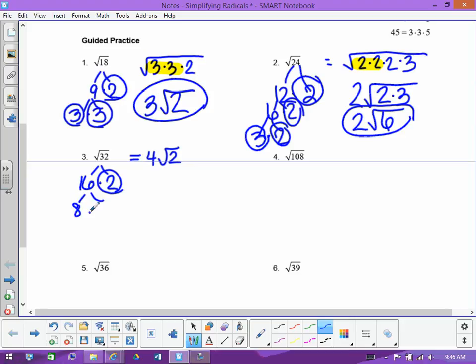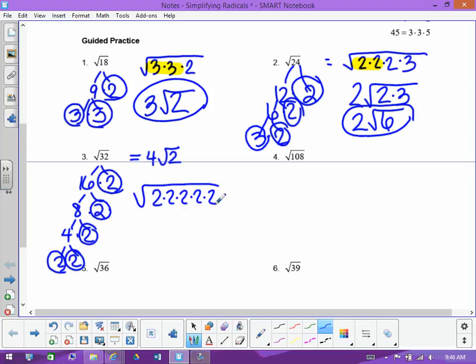We can say 8 times 2, 4 times 2, and 2 times 2, which means you have the square root of 1, 2, 3, 4, 5 of those. So if we think about all these written out, we want to look at our pairs. We have 2 pairs.